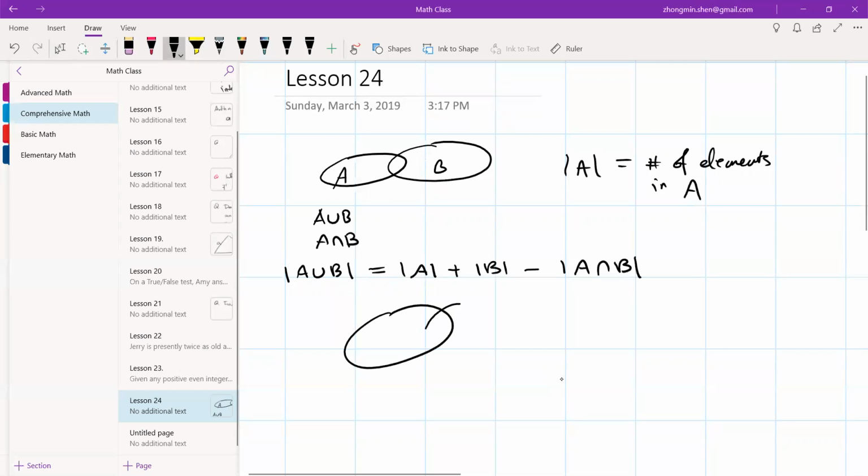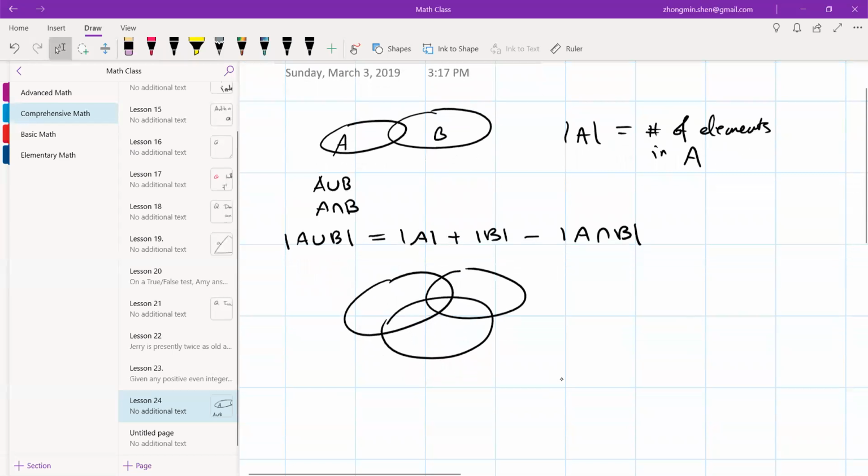But how about three sets? If you have three sets, A and B and C, things become more complicated. If you want to count the number of elements in the union of the three sets, of course you want to add them together, right?